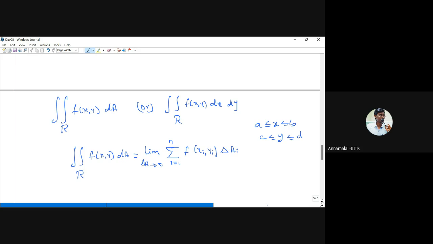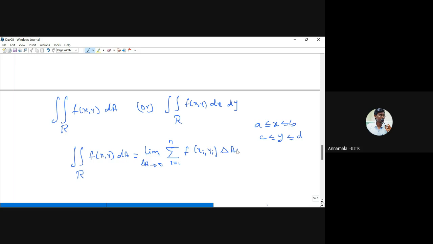What is the meaning of this Ai? Generally speaking, delta A goes to 0 is the same as delta I goes to 0, but I am simply saying delta A goes to 0.